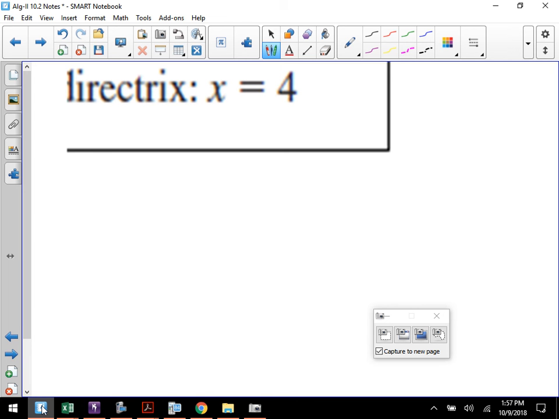So directrix, x equals 4. X equals a number. Is that a horizontal or a vertical line? That's correct. It's vertical. So vertical at 4. If it's vertical at 4, what direction is this opening? Opens to the left. So if it opens to the left, what's the value of p?